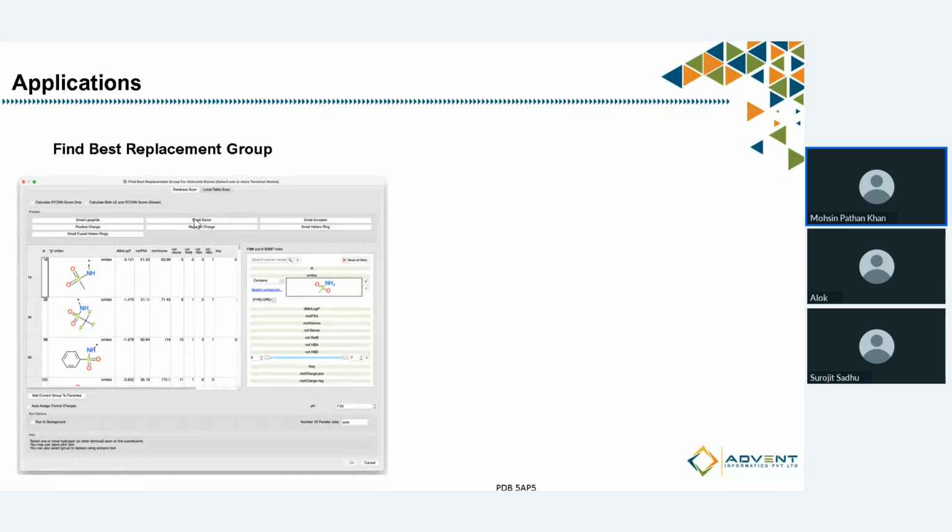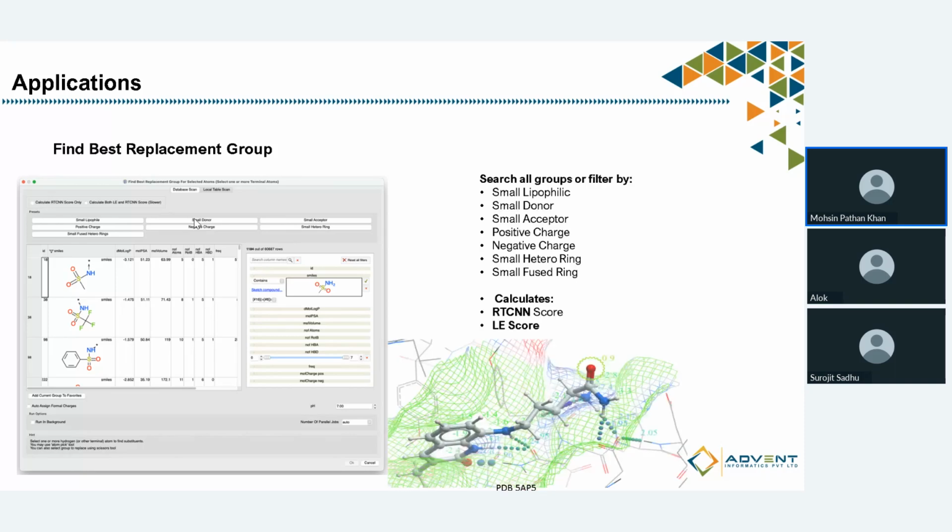Then we also have small acceptor, positive charge, negative charge, small hetero ring, even a small fused hetero ring, which you can replace in the standard molecule. So these are the different functional groups: small lipophilic, small donor, small acceptor, positive charge, negative charge, hetero ring, fused ring.